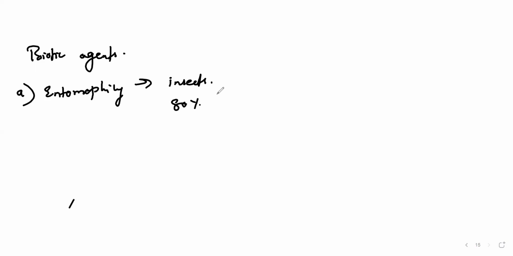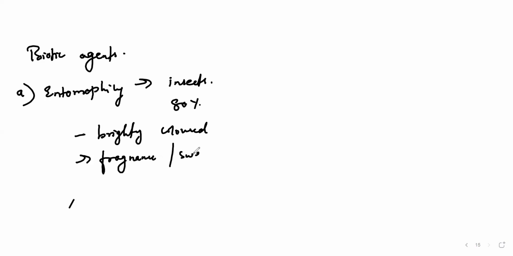So usually what are the characteristics of entomophilous flowers? Obviously for an insect to get attracted, how should the flower be? First of all, it should be brightly colored. It should have fragrance, or you can say sweet smell, and it should also produce what? Nectar.